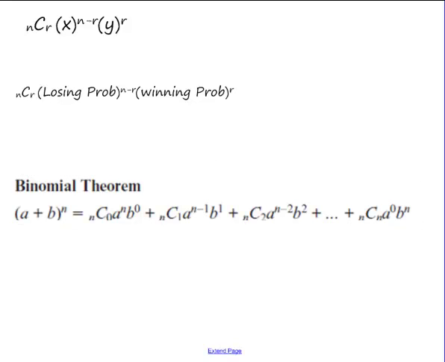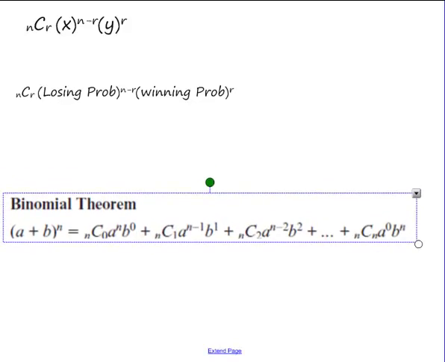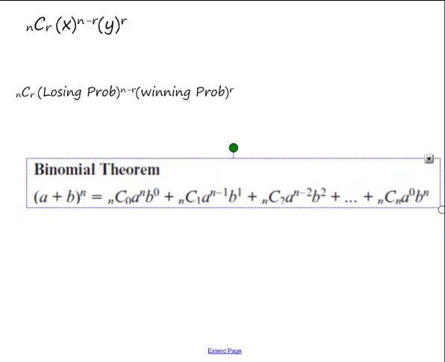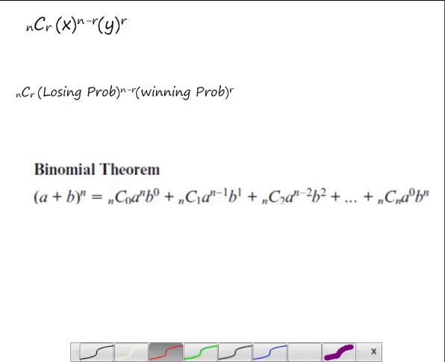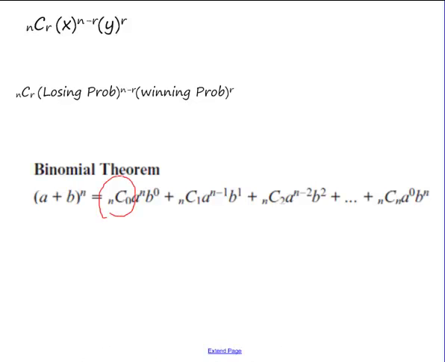Now, on the Regents, they're going to give you your formula. It's called the binomial theorem. And look at that. That just looks like one big utter mess. But notice what they did. They did the same thing we did. Here is Pascal's triangle. N objects, I don't choose any of them. N objects, I choose one of them. N objects, I choose two of them. And then I go down until I match what exponent I was raising it to.